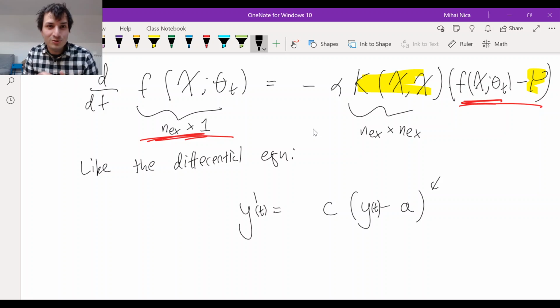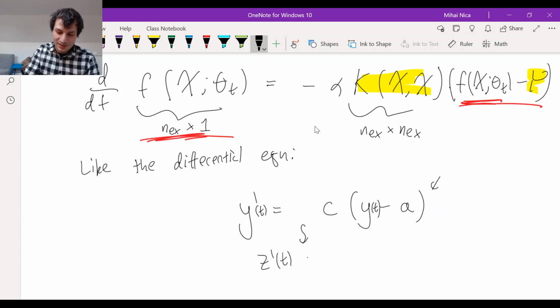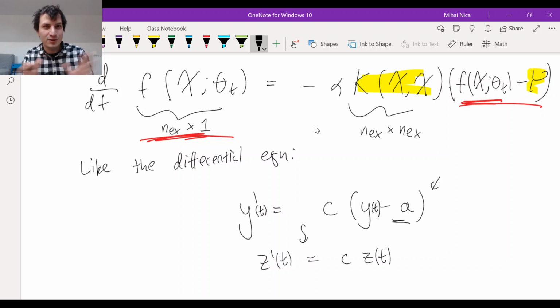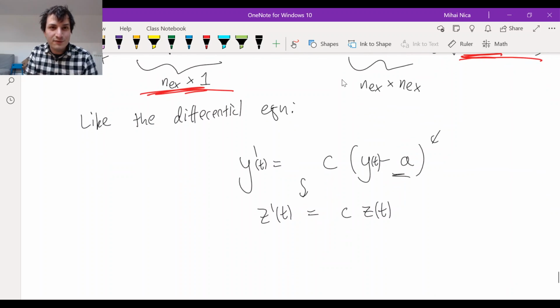Okay, this one you can solve. And the first thing you want to do is convert it into an equation like this, where z prime of t is c times z of t. So the minus a is sort of annoying. You just want to shift everything over to get rid of it. And once you have that the derivative of something is a constant times the original thing, the answer is an exponential.